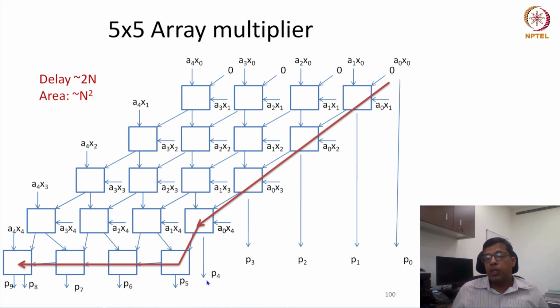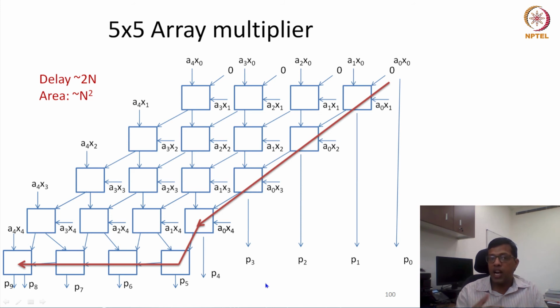This array multiplier also has some additional interesting properties: I can easily divide this addition into two different stages. Wherever we are saving the carry, we are adding the partial products, we are not calculating the final sum. The delay of these 16 additions is equal to the delay of my last stage.